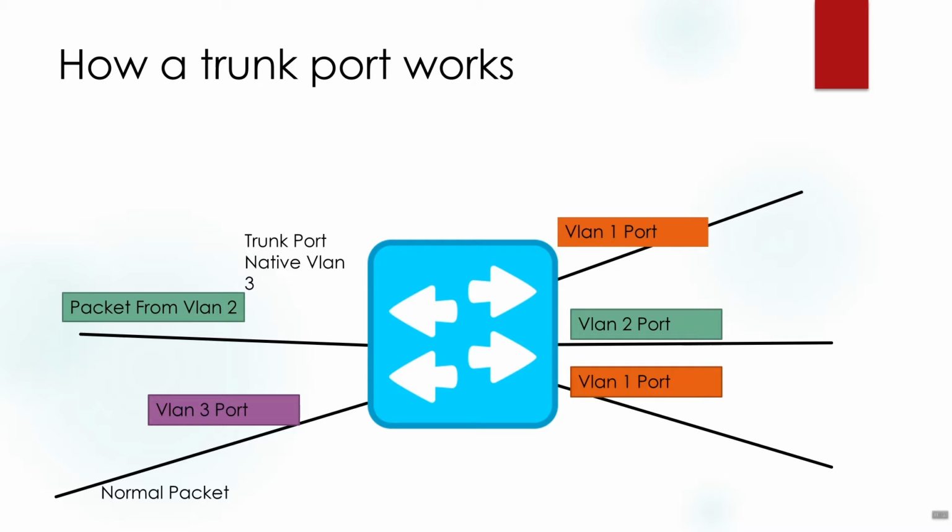So on the left, we have a packet from VLAN 2. It goes into the switch, and then back out the VLAN 2 port as a normal packet without the headers. And now in the bottom left, we have a normal packet coming in on VLAN 3, and the trunk port's native VLAN is VLAN 3.